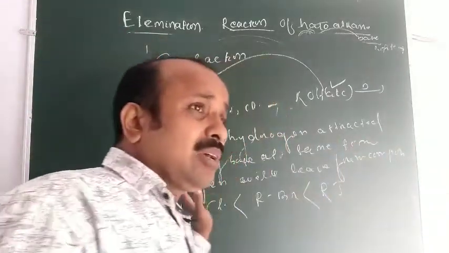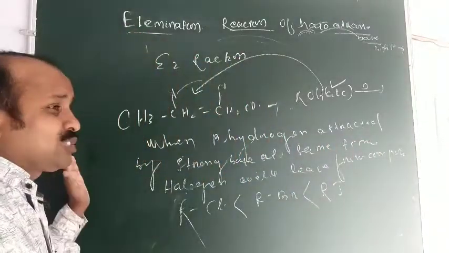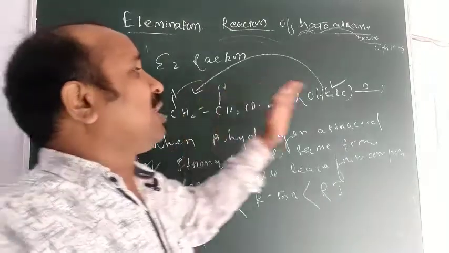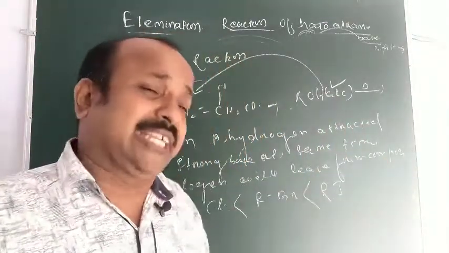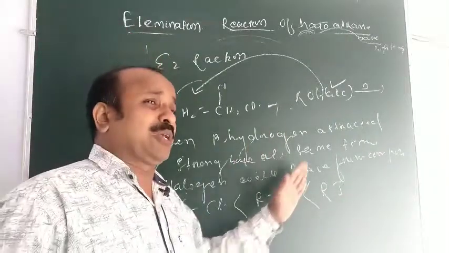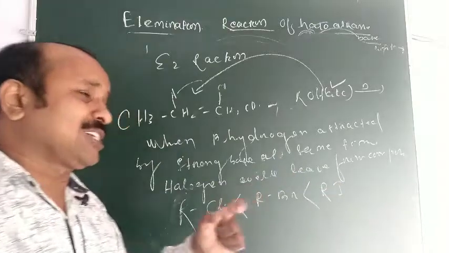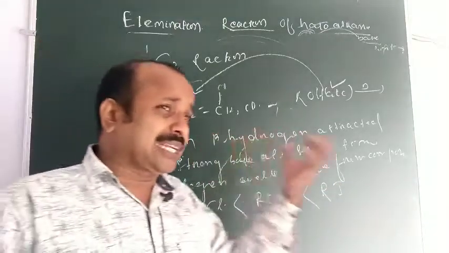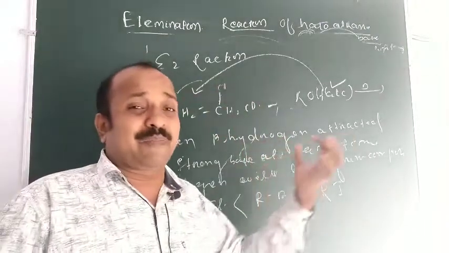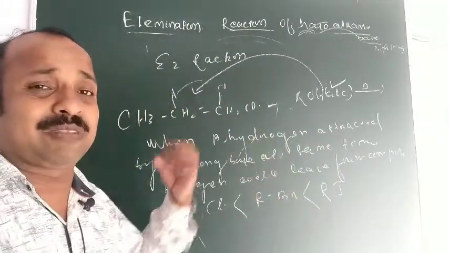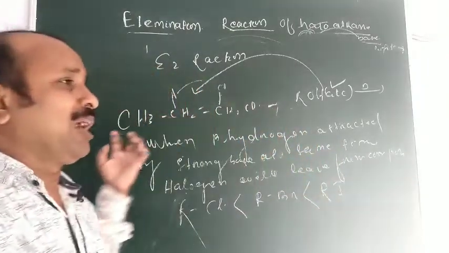Addition means unsaturated to saturated, but elimination means saturated to unsaturated. It takes place in the presence of base with heat. For E1 that is a weak base, for E2 a strong base. But base is the compulsory part, because it attracts the H plus ion or beta hydrogen atom from the haloalkane.